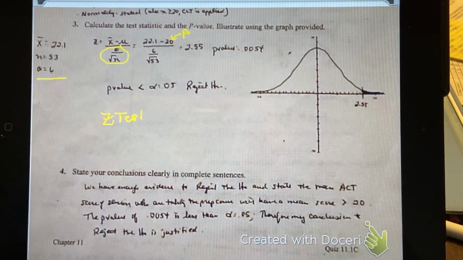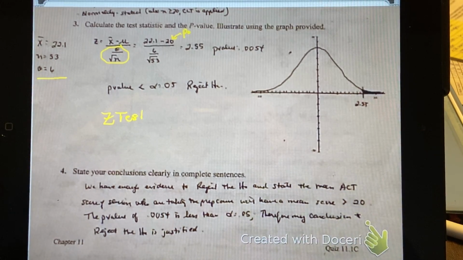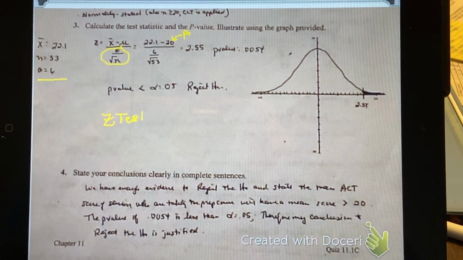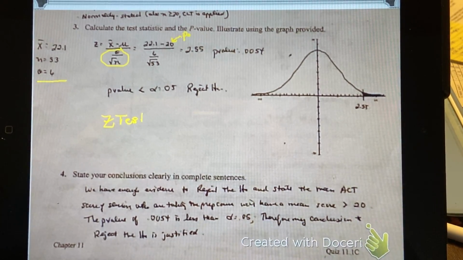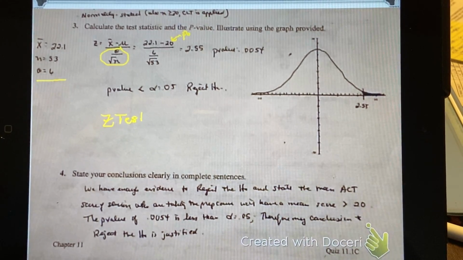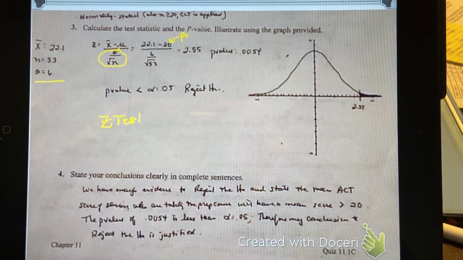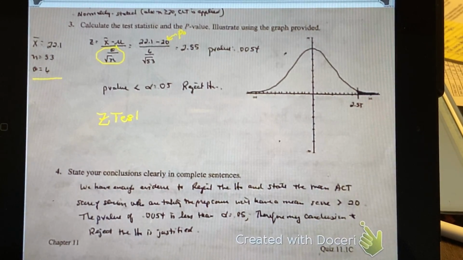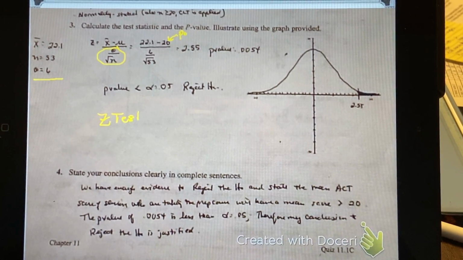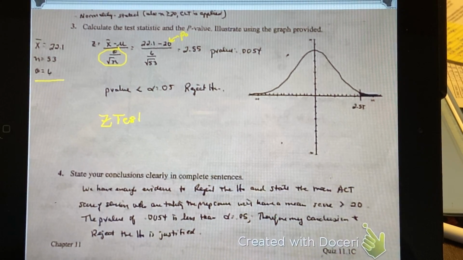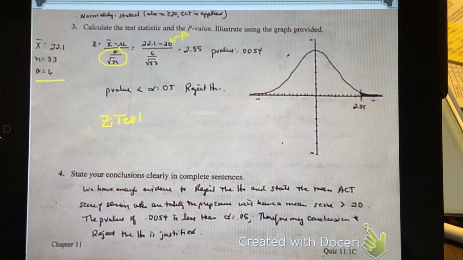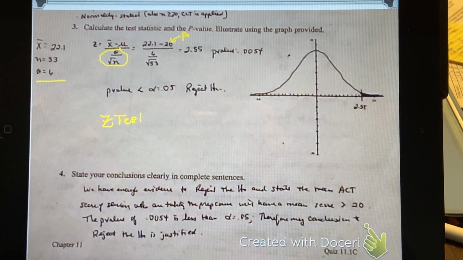X bar was 22.1. And N was 53. And I'm going to choose the same direction that the alternative hypothesis was facing. So I'm going to use the third one over. I want greater than. So go to calculate. And I get a z-score of 2.55 rounded.